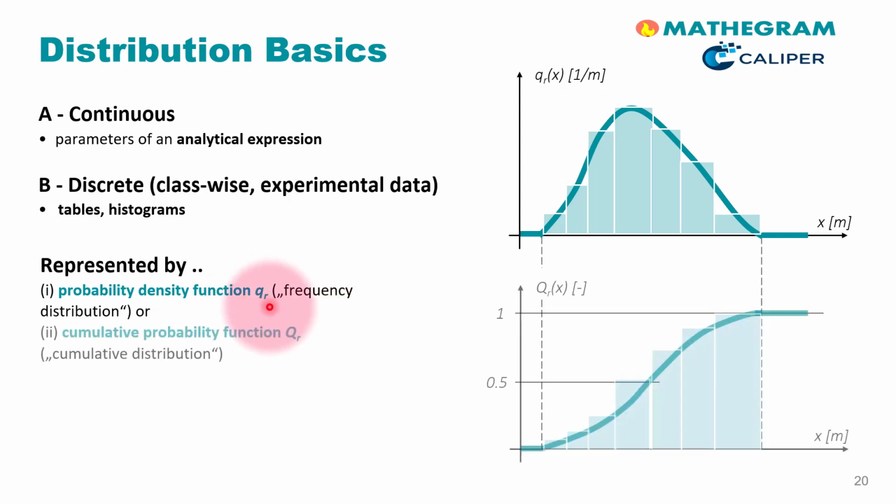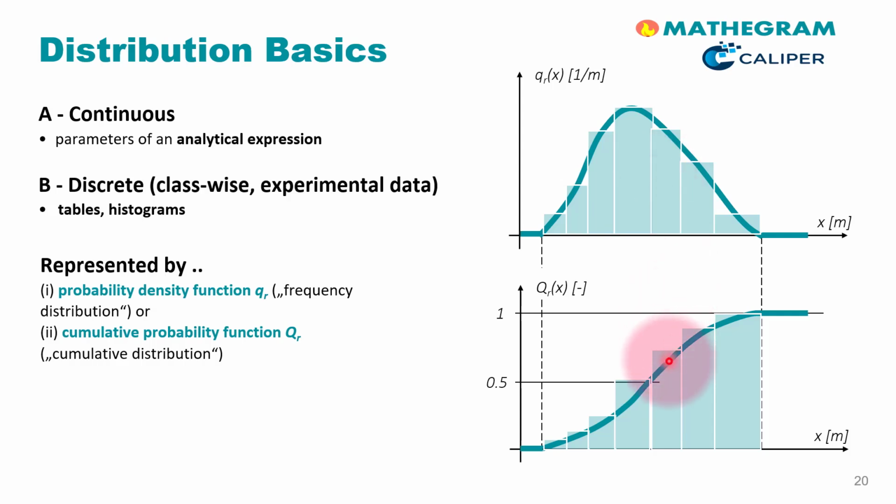The alternative concept to frequency distributions are so-called cumulative probability functions, capital QR, often simply called cumulative distributions. This concept is illustrated here on the lower right. Our intuition already tells us that these two curves belong to each other.